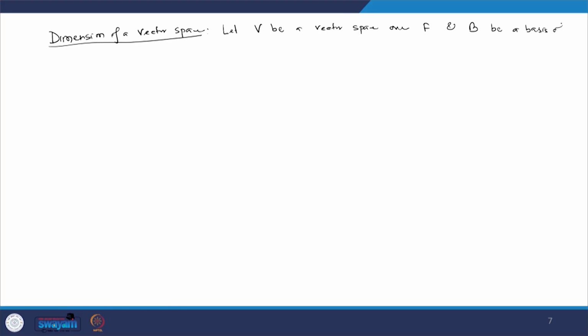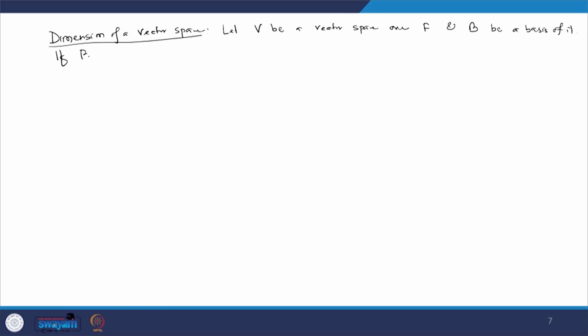Dimension of a vector space. Let V be a vector space over F and B be a basis of it.